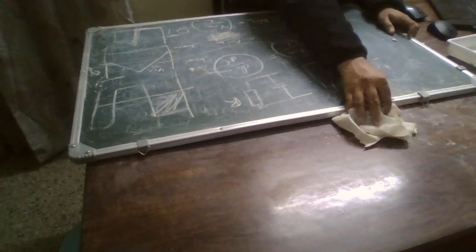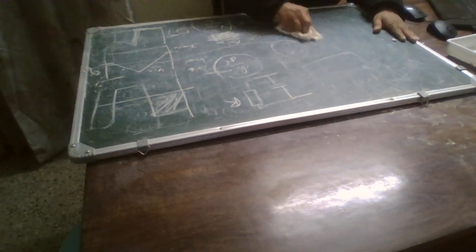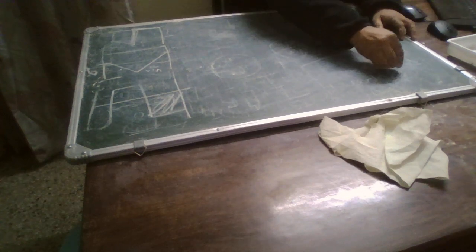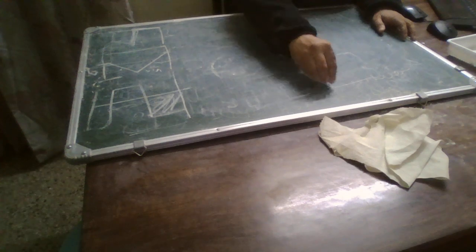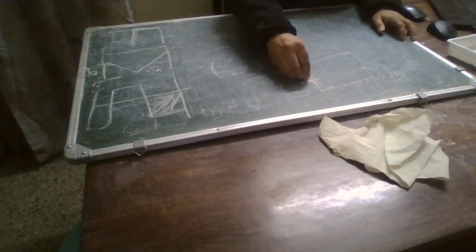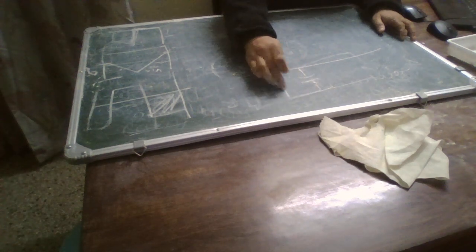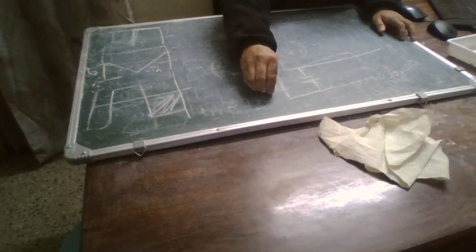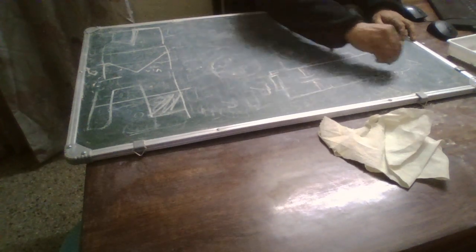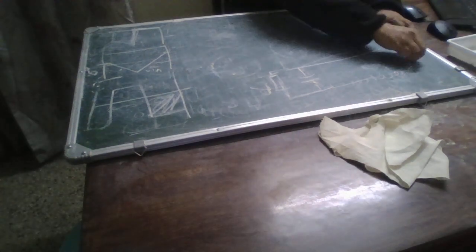Now when the switch is off, the equivalent circuit would be what? We are having an inductor. The switch is off, so we can remove it, and we are having this. Here we are having a load, and a V input source here.